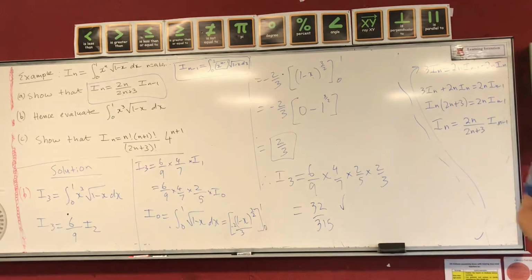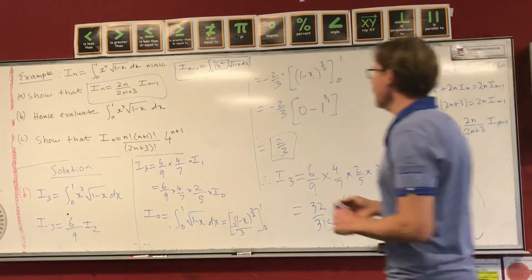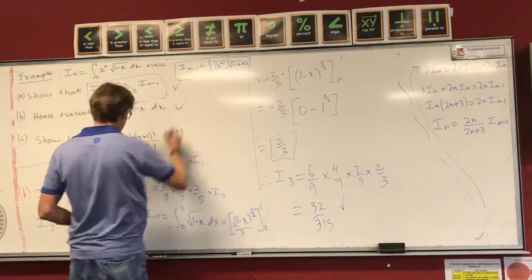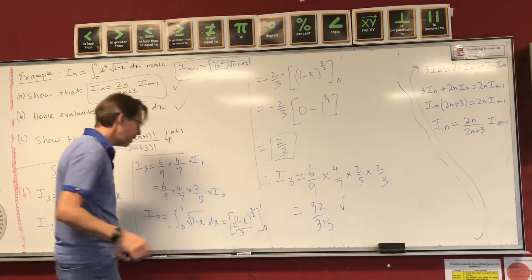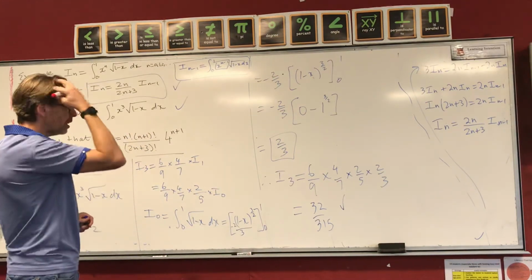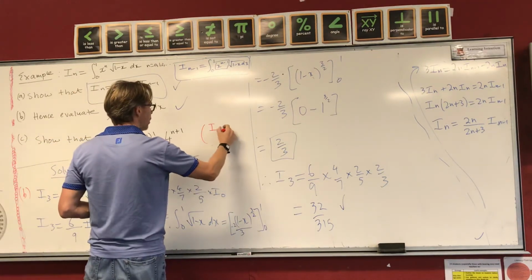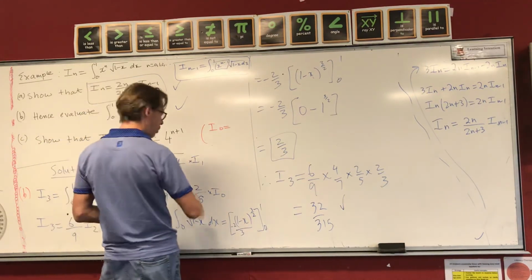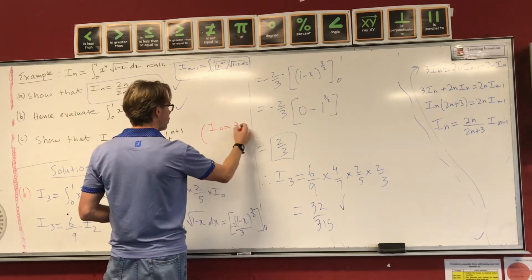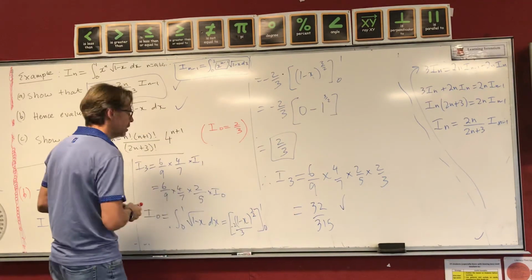That works out. So we did A and B now. Now for C, we're going to write this down, just so we don't forget. I0 was 2/3, wasn't it? Yes, I0 was 2/3. That could come in handy later on.